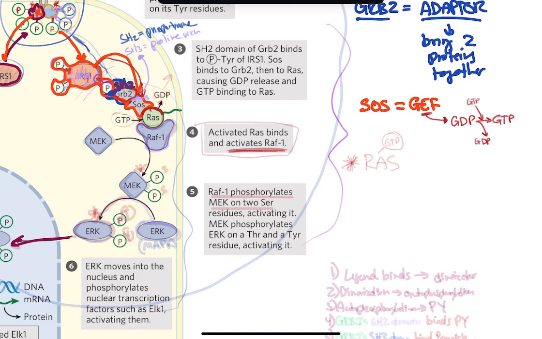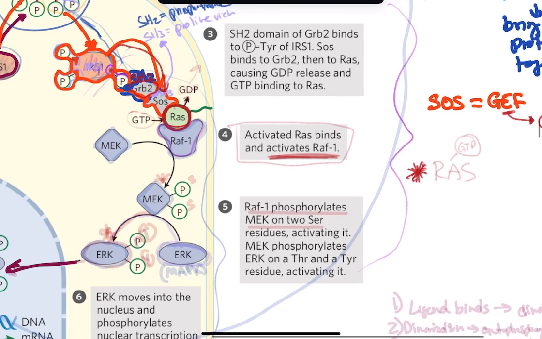Now it's active. So now we have an active form, right? At this point, the GTP bound active form of RAS, here's our RAS. That's our G protein.